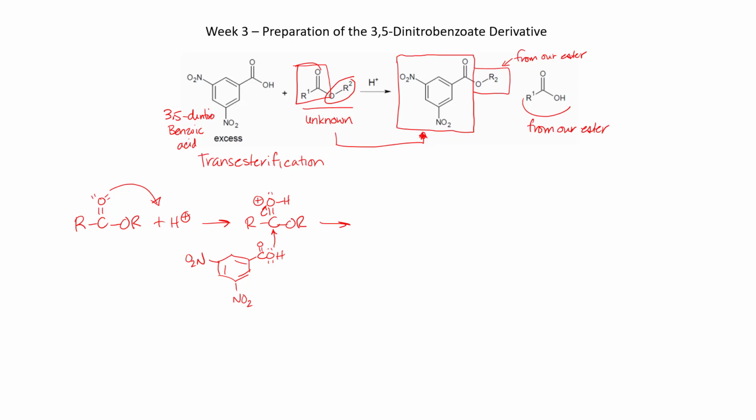And what that would do, and we should probably have equilibrium arrows in all these steps, is that would then create the OH. Down here we would have an OH now with our carboxylic acid part.